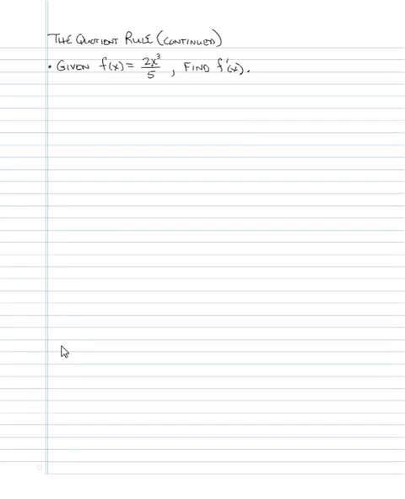Okay, you see in this problem, f of x is equal to the fraction 2x cubed over 5, find f prime of x. And because this is a quotient, because this is a fraction, we can use the quotient rule.